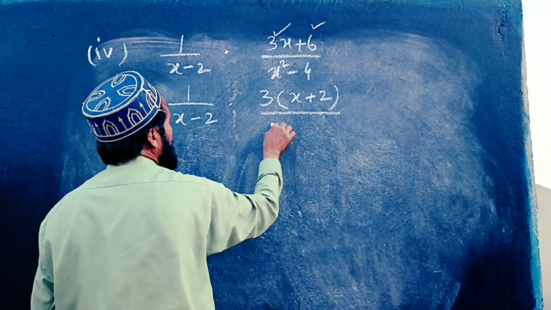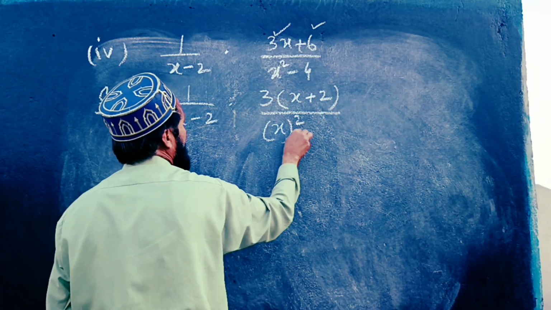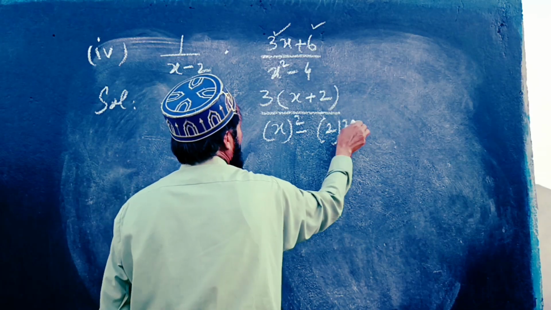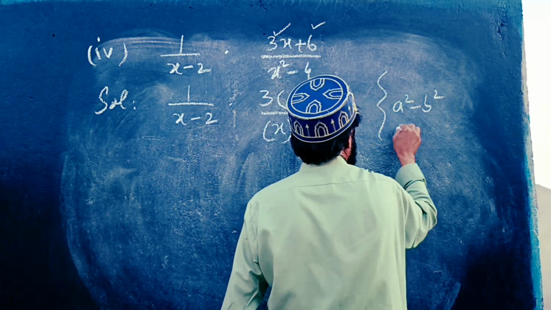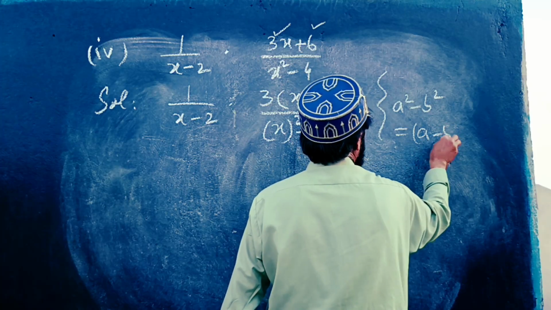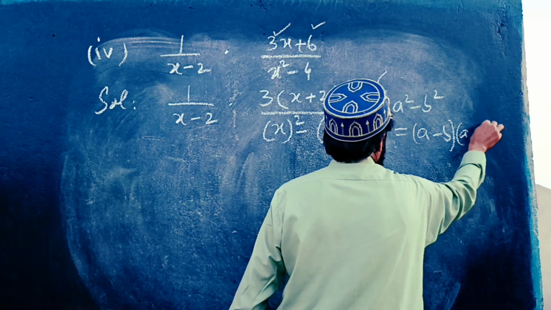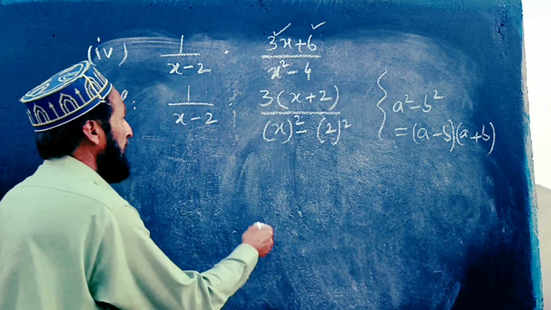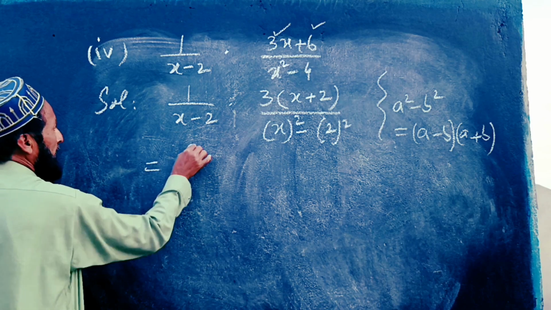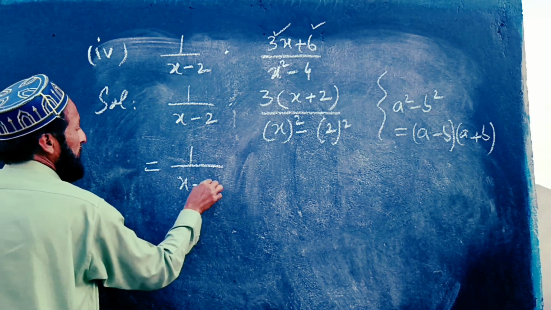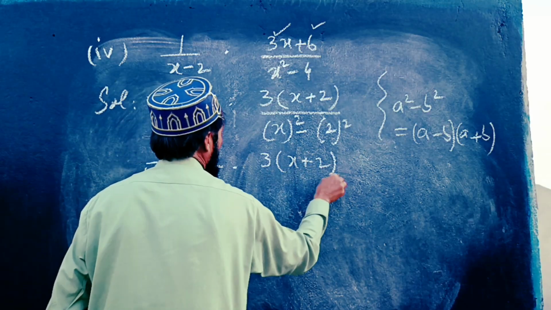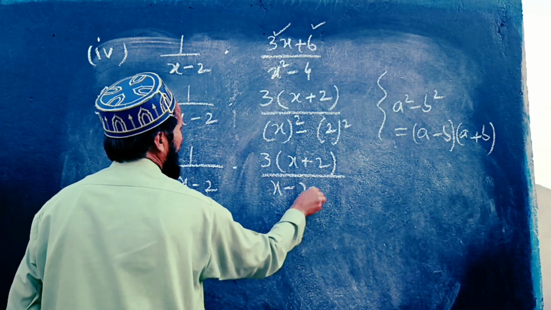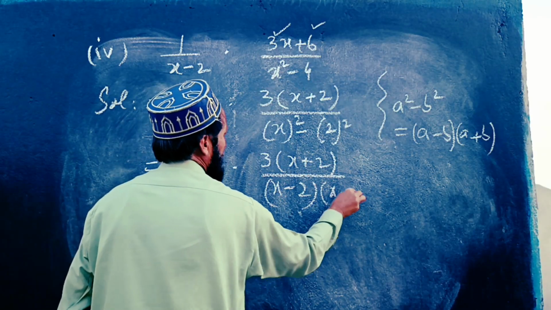And here we can use the formula a square minus b square, which is equal to a minus b into a plus b. According to this formula, we can write x minus 2 into x plus 2 in the denominator.